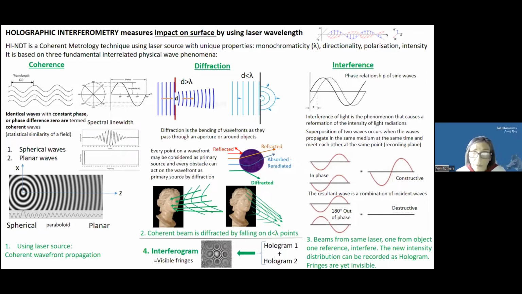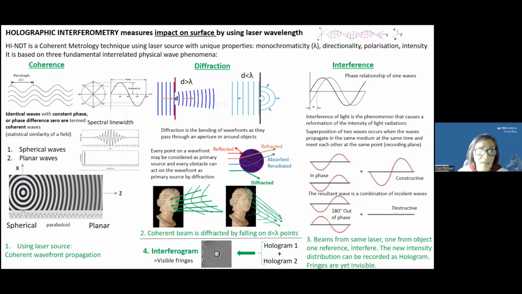At the point of diffraction, the wavefront becomes a new primary source of wavefront propagation by diffraction.